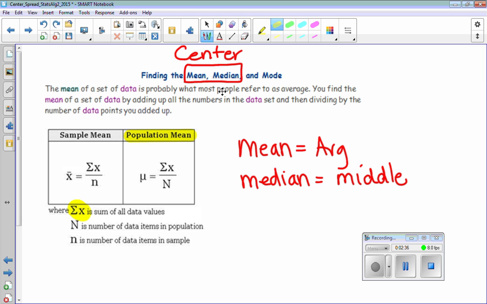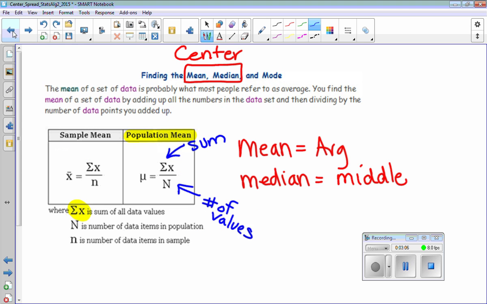This just means the sum, and this means number of values. So if I wanted to find the average score on that practice SOL, I could add them all up and divide by however many there are of us in class today. And that would be the average score. Okay, that makes sense. Pretty easy.